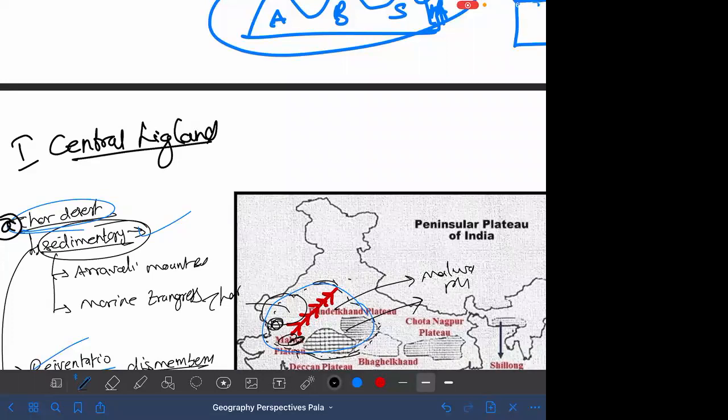During the Tertiary marine transgression period, further sedimentation occurred here. Sedimentation occurred and led to the extension of the Thar platform.